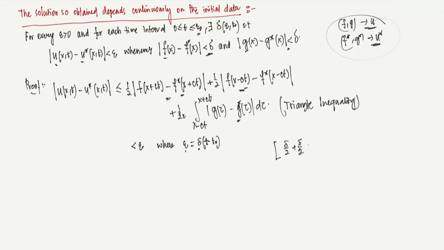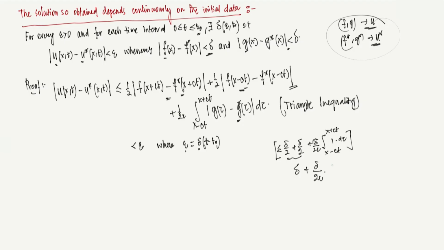So this is plus delta, and then 1 by 2c times the integral from x minus ct to x plus ct of 1 d tau, because delta I took outside. So this particular term is always dominated by this, and then these two will give you delta, and then this term, plus delta by 2c.